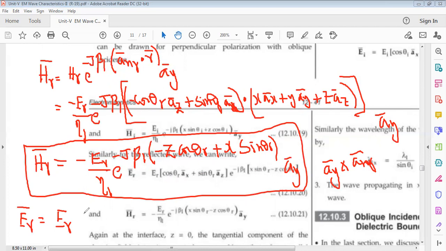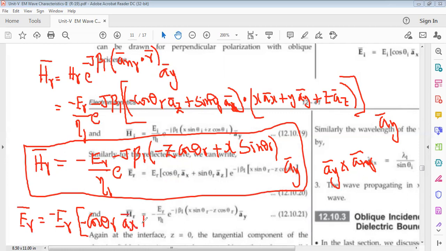It's the same. So E_r multiplied with cos theta r, already the minus is there, and with this minus term, minus cos theta r into a_y with a_z, not a_z with a_y. a_y into a_z means a_x bar.